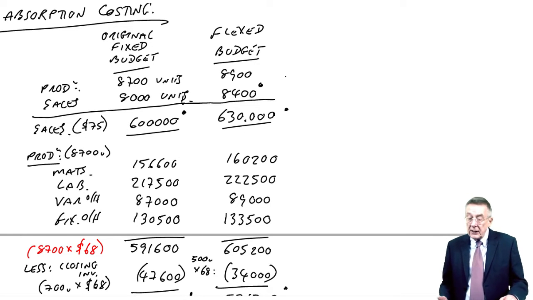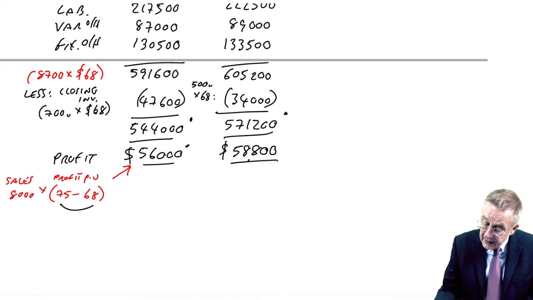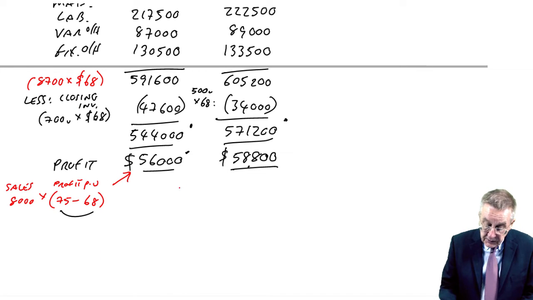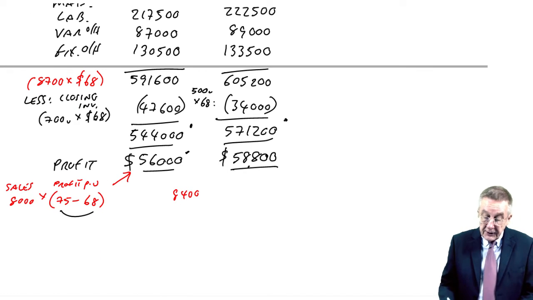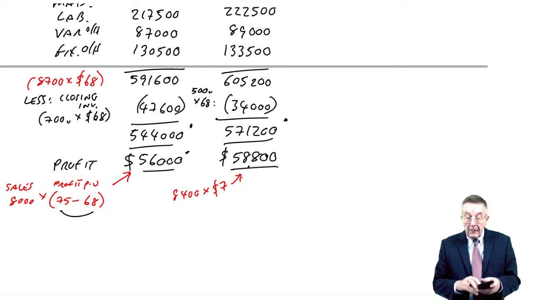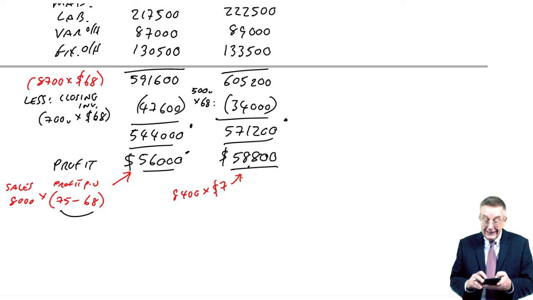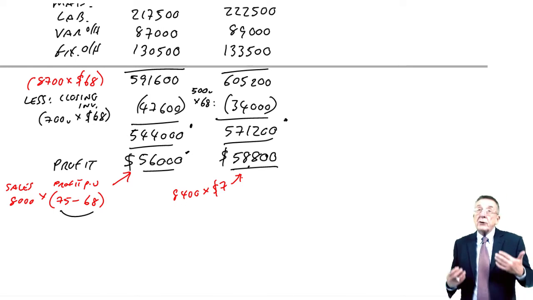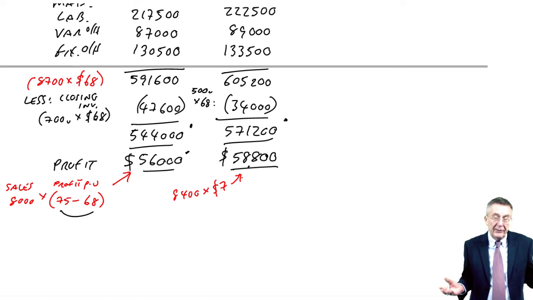Well, you told me $7 a unit. And so I immediately expect 8,400 sold, $7 a unit. I expect 58,800. Now, of course, I know it's not going to be 58,800.